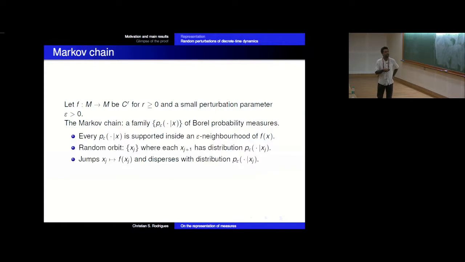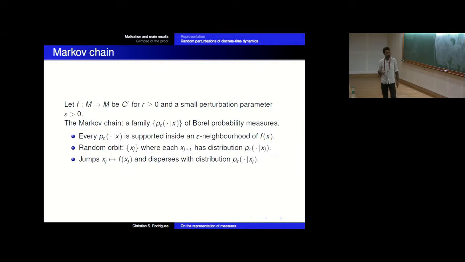And then you consider that instead of having precisely the point f of xj, you get, by chance, some values near this point with this distribution. Or if you like, you can think of this as x jumping to f of x, and then having some dispersion around this point with this distribution.